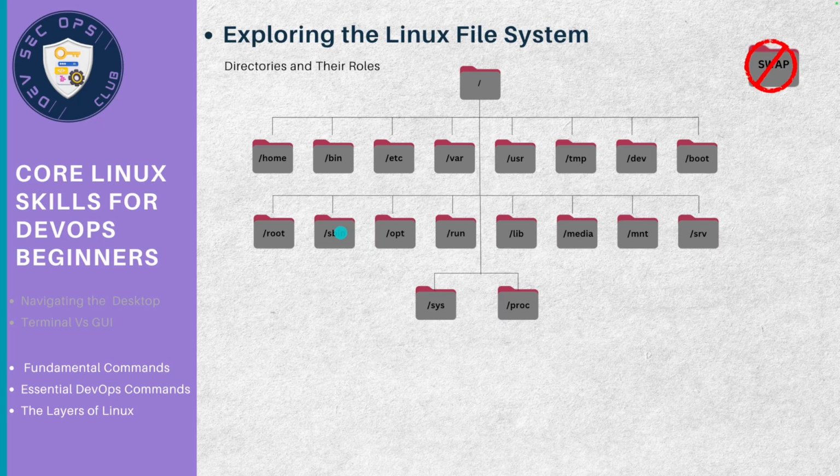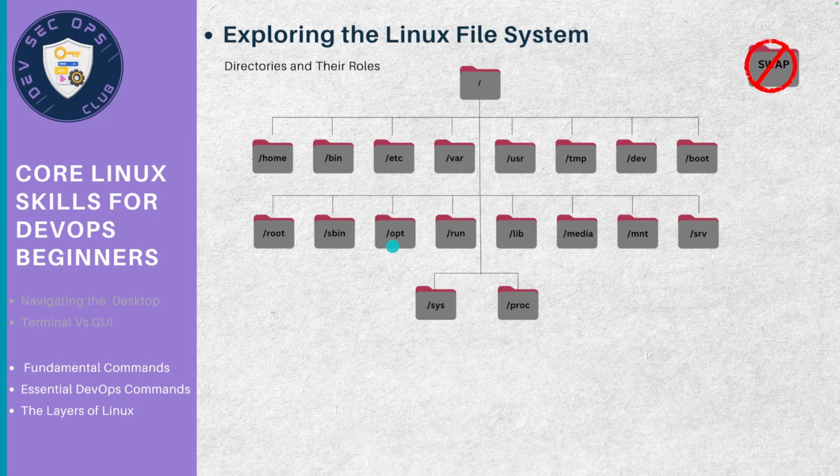Then we have /sbin, which is similar to /bin, but here we will find the utility commands that are executed by the super admin, right? That's why it's sbin, super admin bin. And I will show you that in a bit as well.